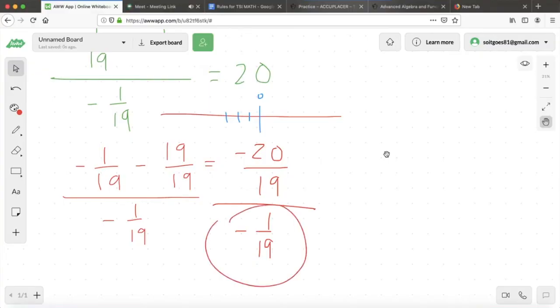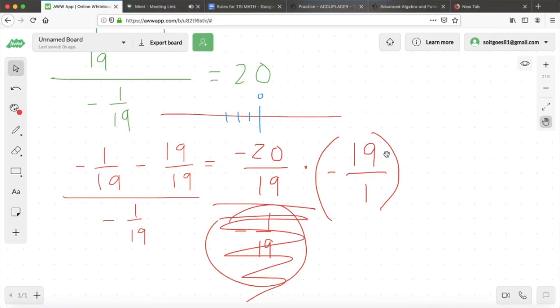The reciprocal means you flip the numerator and the denominator, so we multiply by negative 19 over 1. Does that make sense? Yes.